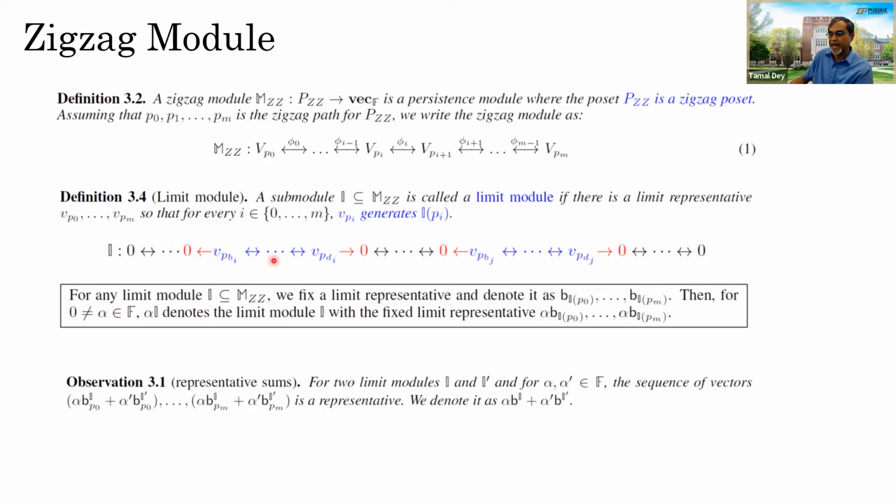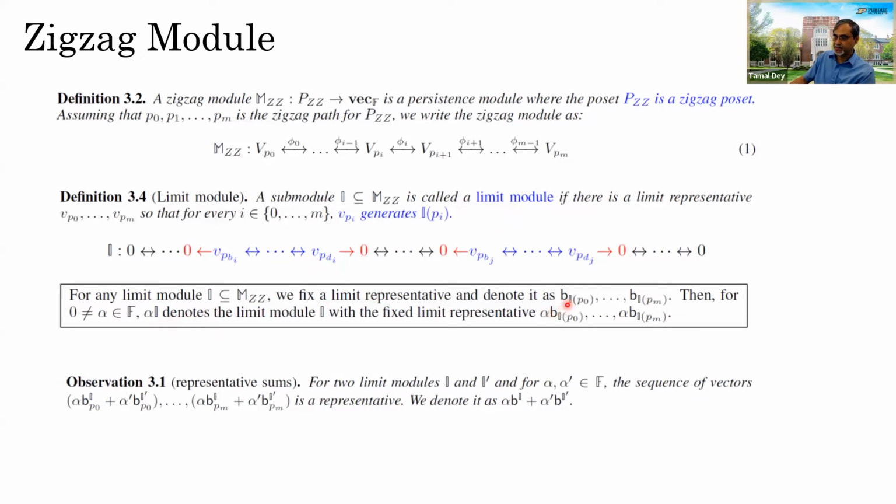Otherwise, you cannot match the vectors to the entire sequence. So in this case, I have shown these two sequences, one here and another here, which are interspersed by all the zero vectors here. This is the limit representative, and any module which has a limit representative, I'm calling a limit module.